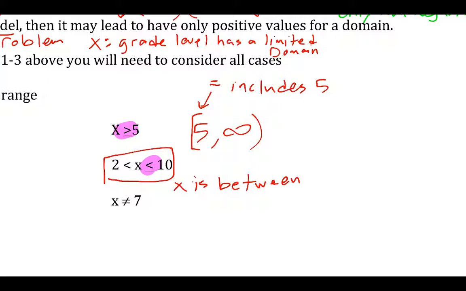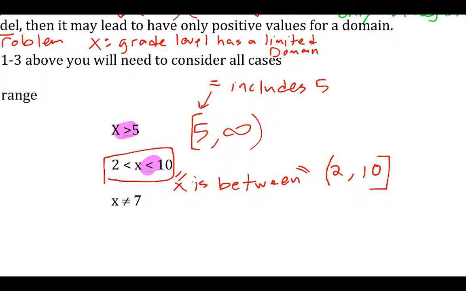So you take this as an interval. This is the note, by the way, it should be in quotes. This is just how you'd say it. But I would write it 2 to 10. So 2 comma 10 is the interval. Parenthesis on the 2, bracket on the 10. Equal to 10 is a possibility, but 2 is not included.